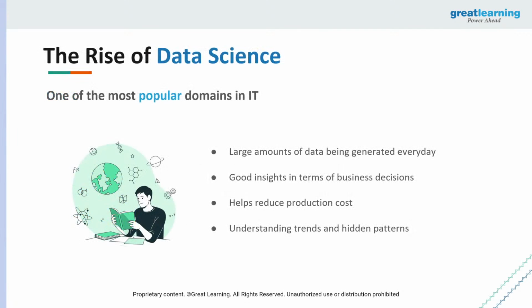Now, coming to why data science became this popular, right? See, in the entire world of computer science, the world of IT, this is the number one domain right now, because we need a lot of experts. We need a lot of you guys to come and work in the field of data science, because hey, we are generating a lot of data every single day, huge amounts of data, 2.6 quintillion bytes of data get generated every day, and we need experts who can handle that and use it for a good purpose, right?